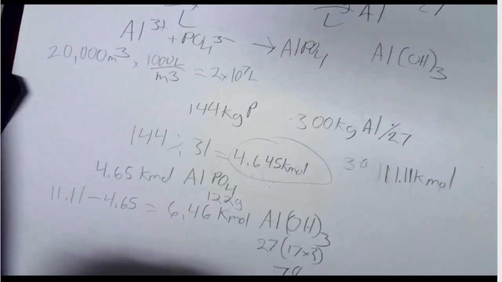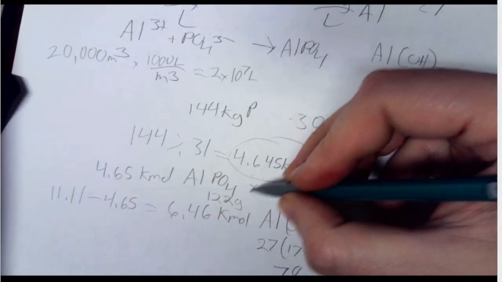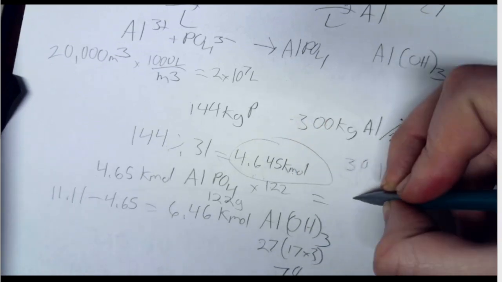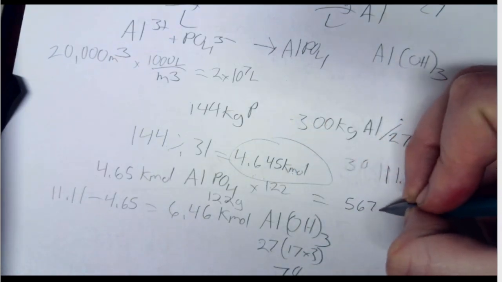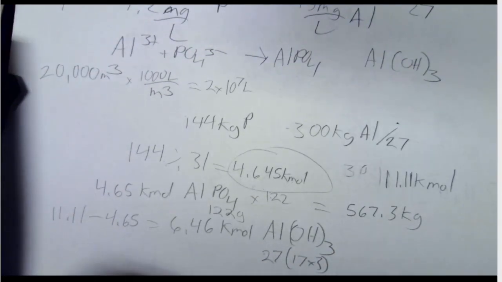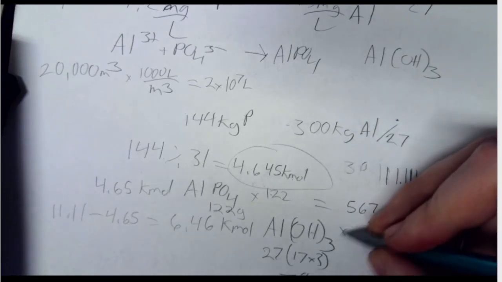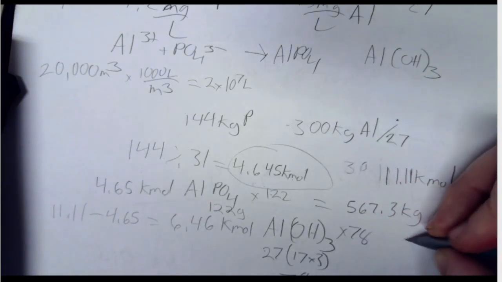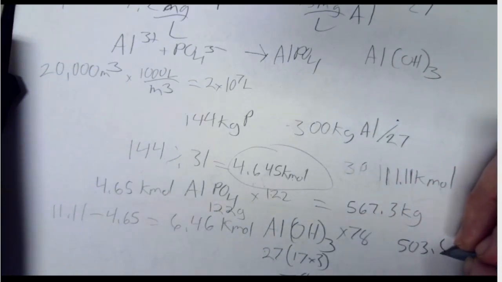So with that in mind, 4.65 times 122 is going to give us 567.3 kilograms, and 6.46 times 78 is going to give us something like 503.9 kilograms.